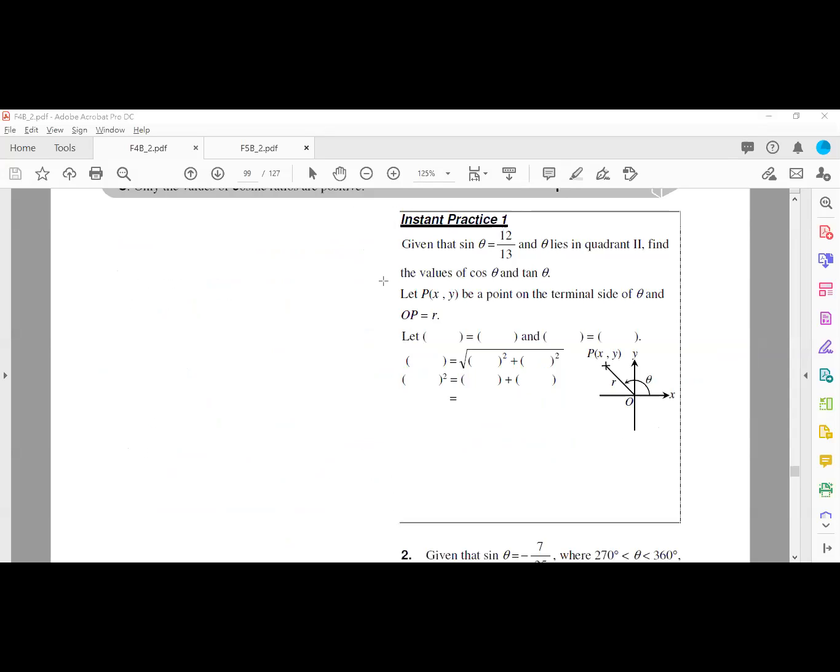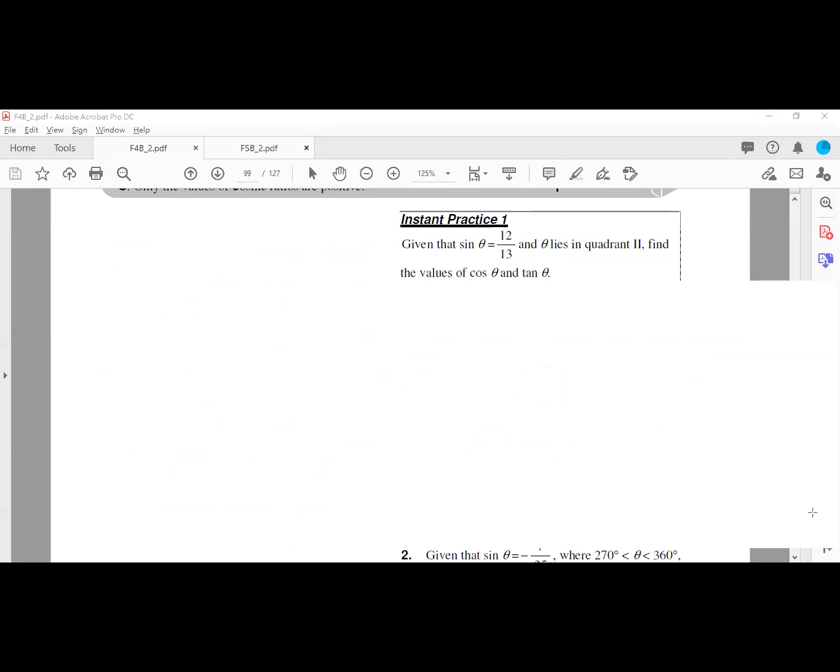Again, we are not going to use the MacBook method. Okay, sine theta is equal to 12 over 13, and theta lies in quadrant 2.